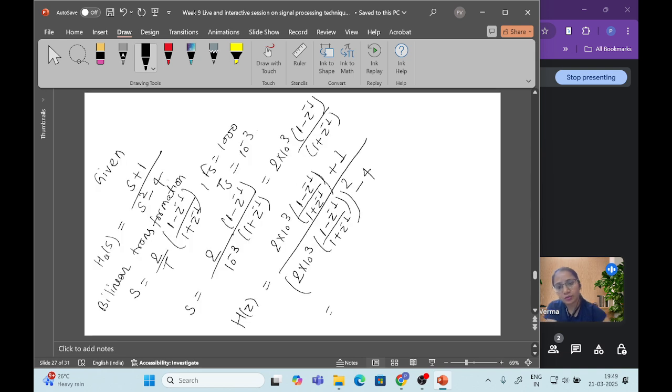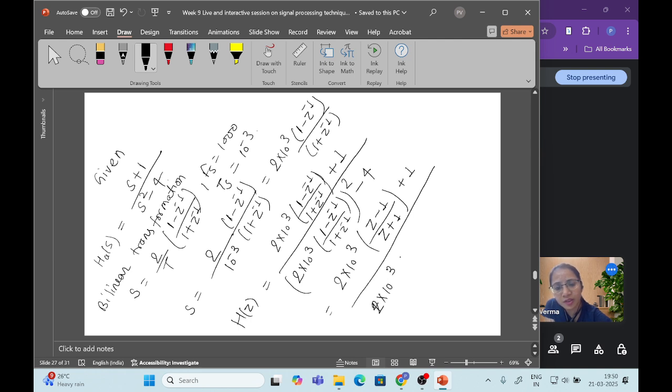So multiplying by z, we get 2 into 10 to the power 3, z minus 1 divided by z plus 1, plus 1, because the lower part z will be cancelled out.